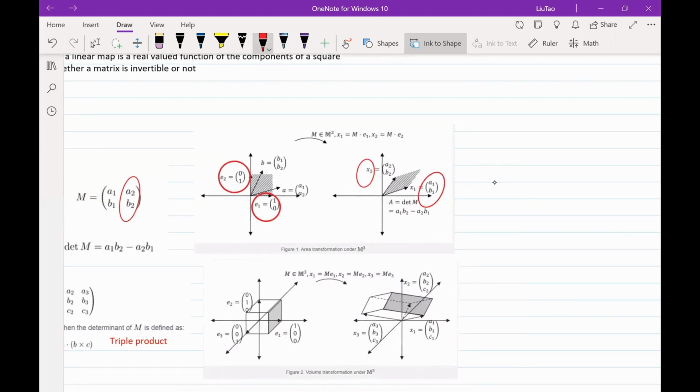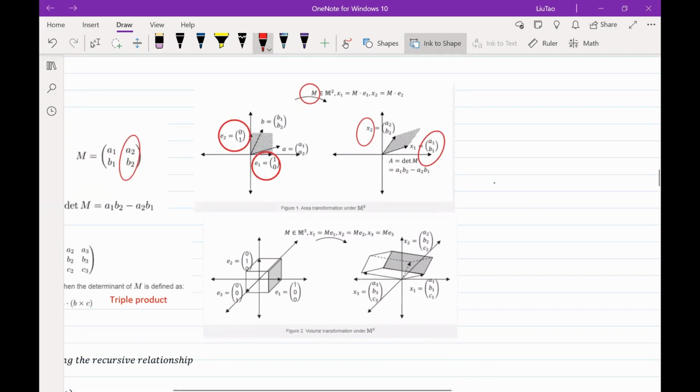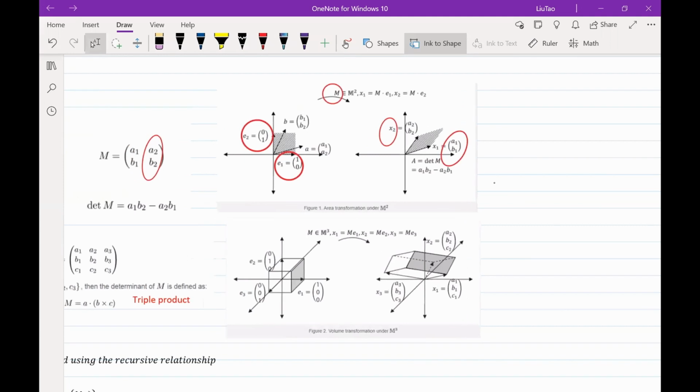Then the parallelogram created by these two vectors has area equal to the determinant of this matrix M, which is A1 times B2 minus A2 times B1. So basically, after transformation, this unit area is stretched like this.